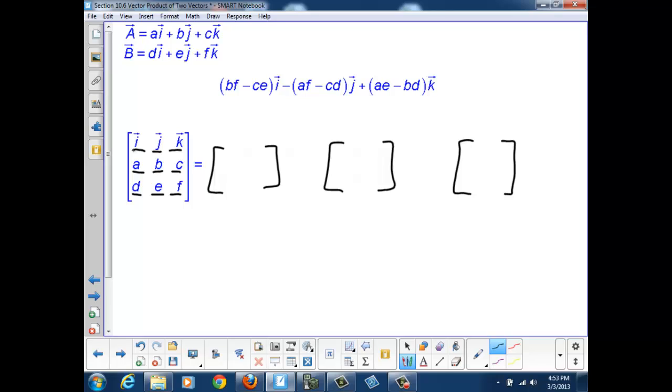Each of these 2 by 2 matrices is going to be a component in my cross product answer.